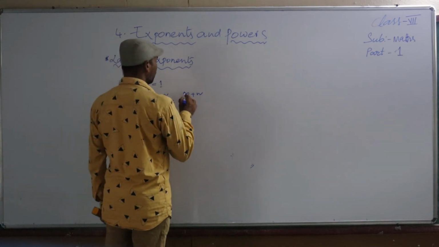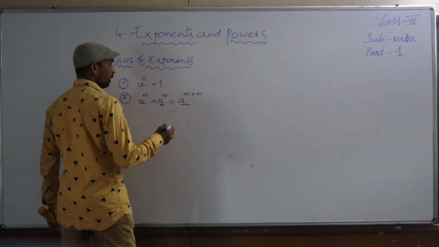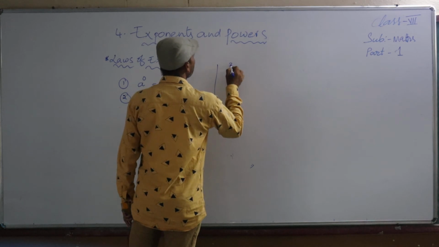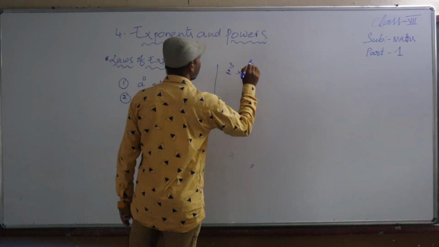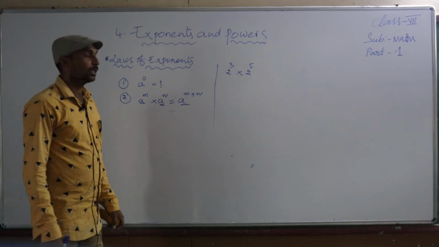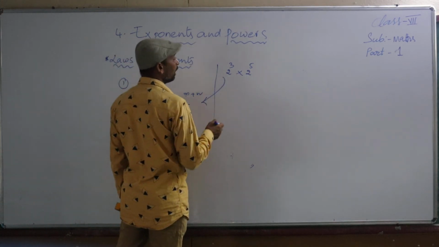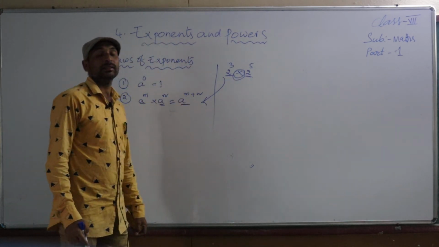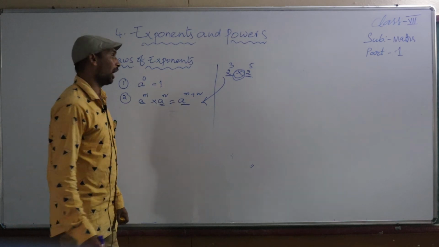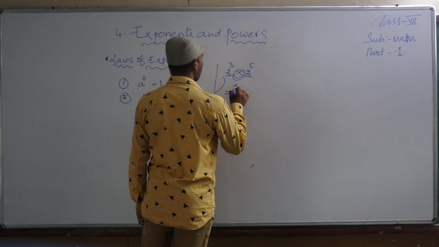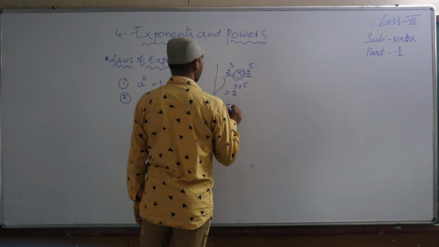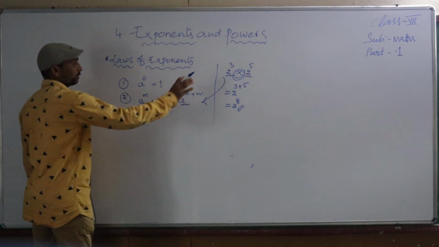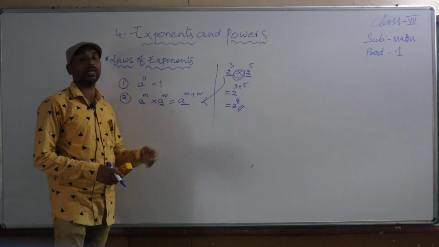In the examination or in the problems, they will give 2 power 3 into 2 power 5. Based on this formula, the bases are equal, the multiply symbol is in the middle, so the powers should be added: 2 power 3 plus 5, so 2 power 8. This is how to use this formula.